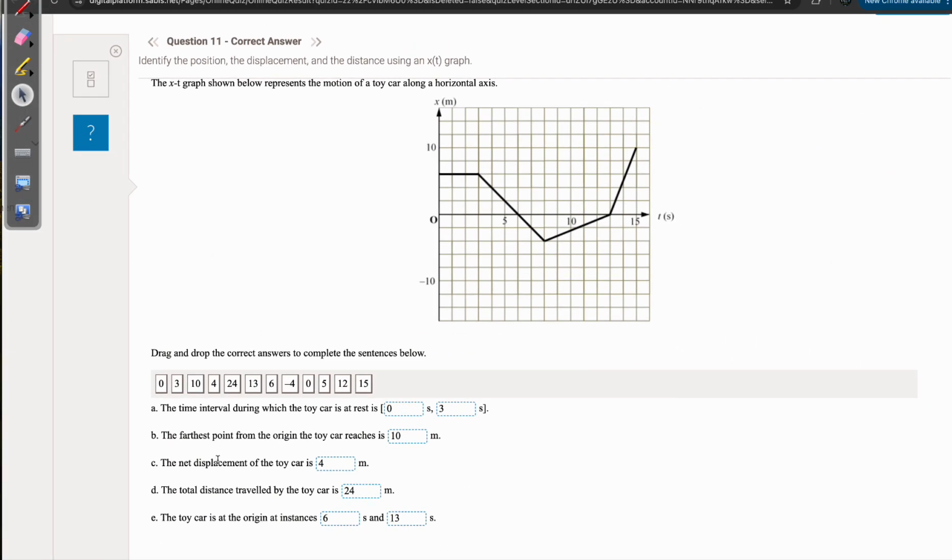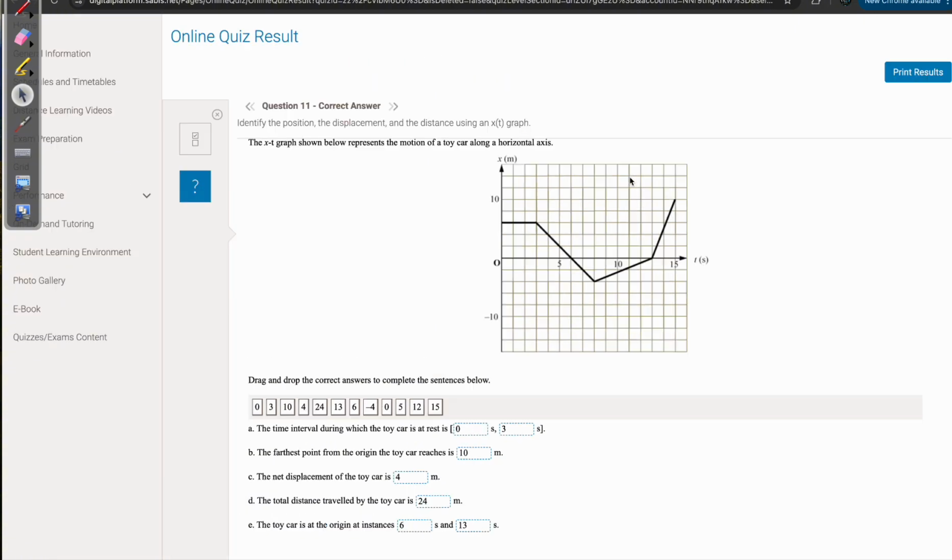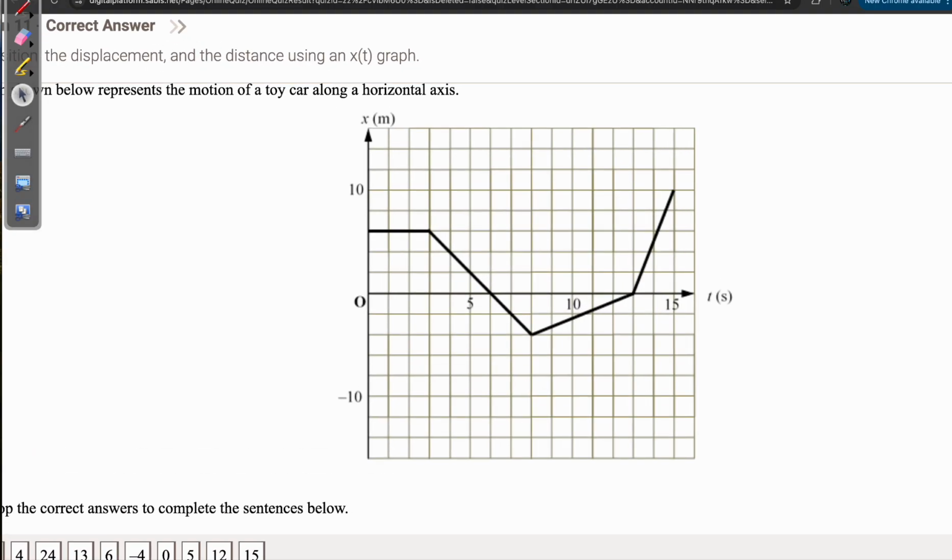The farthest point from the origin the toy car reaches. The farthest from the origin means the highest or lowest point. It would be this, right? And they want the position of it, so that would be 10 meters.